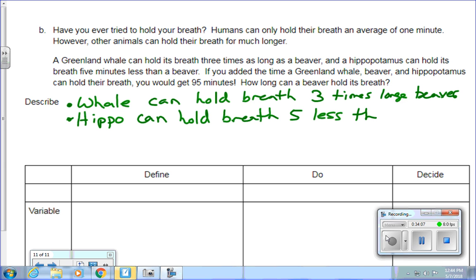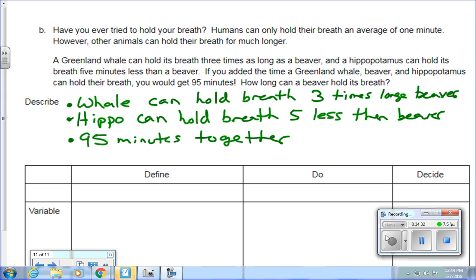What's another important piece of information? It's 95 minutes to get a whale, beaver, and a hippopotamus. So 95 minutes together.